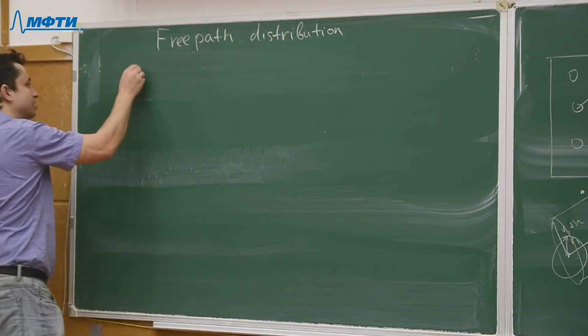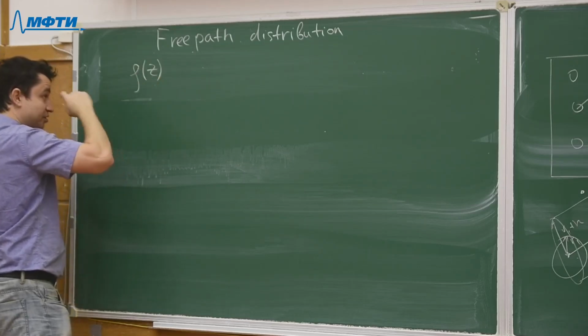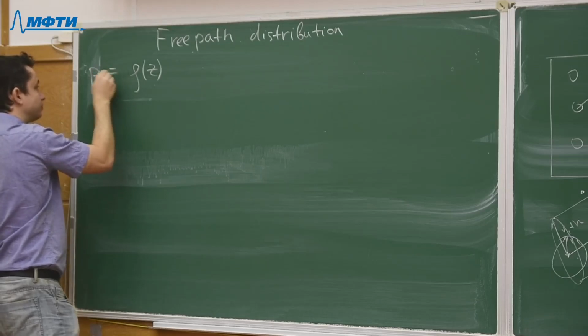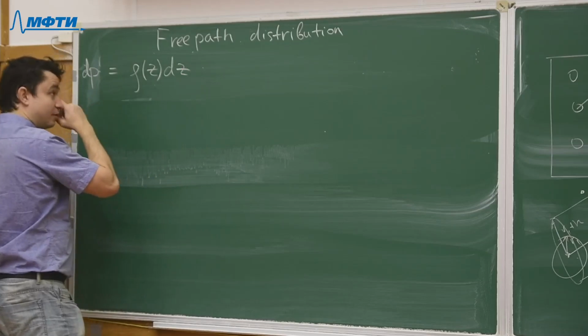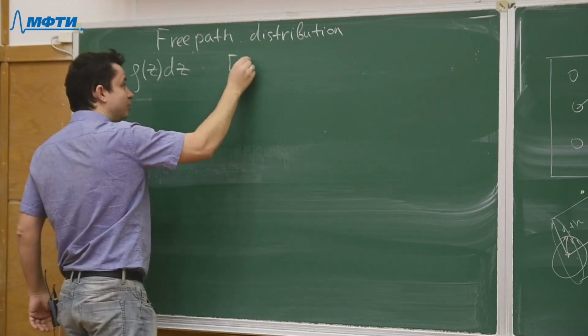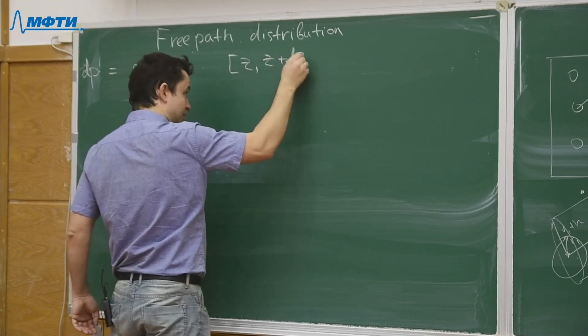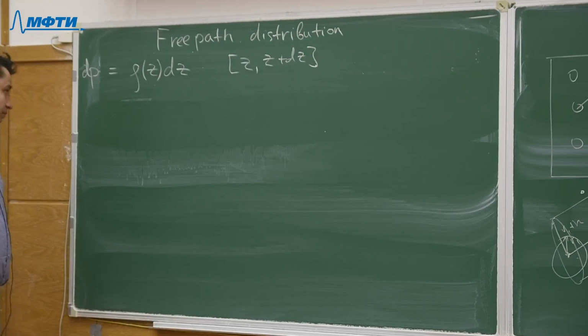We need to get some function rho of z, which gives you a probability dp to have a collision when the molecule has traveled somewhere between z and z plus dz.